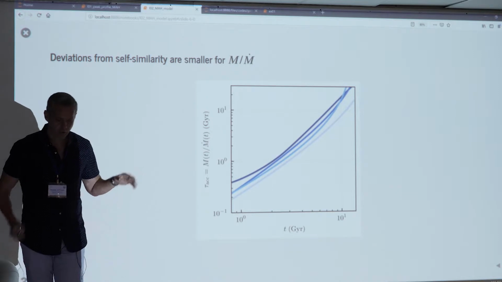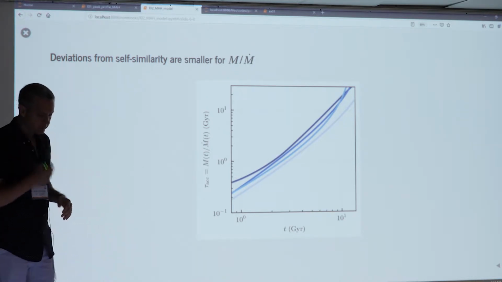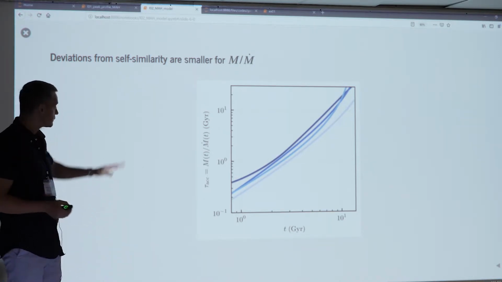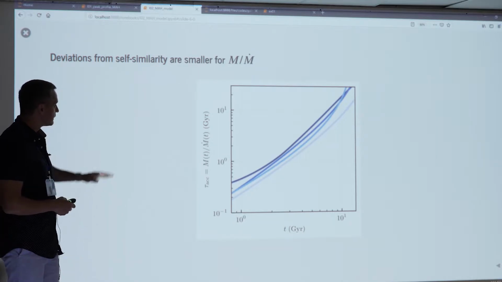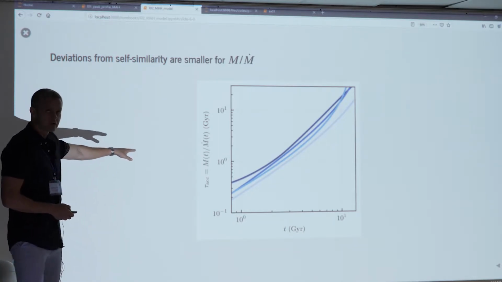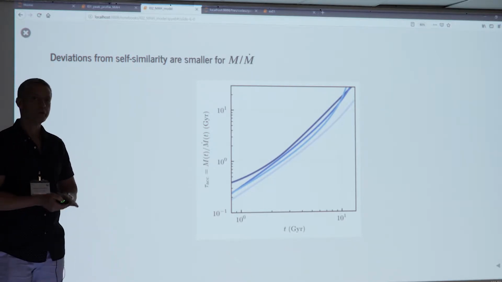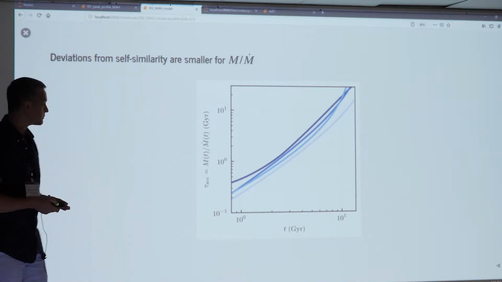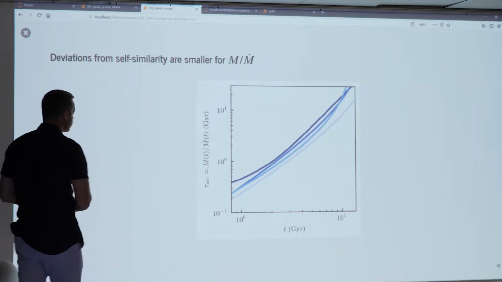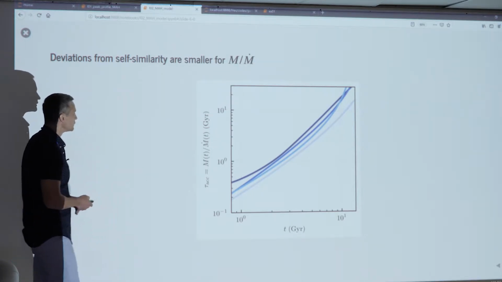And so this is why, if we want to come up with an approximation for these numerical results, it's useful to work with this quantity because it has the smallest variation with the mass of the object. So we can parameterize it in a relatively compact function with a weak dependence on total mass.